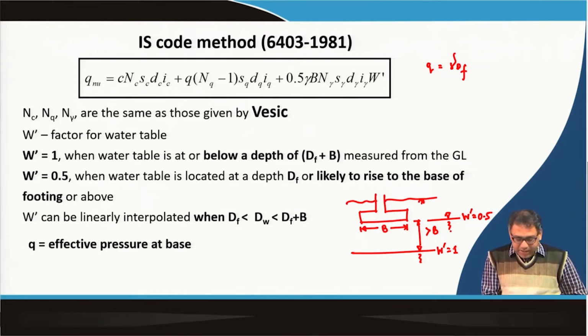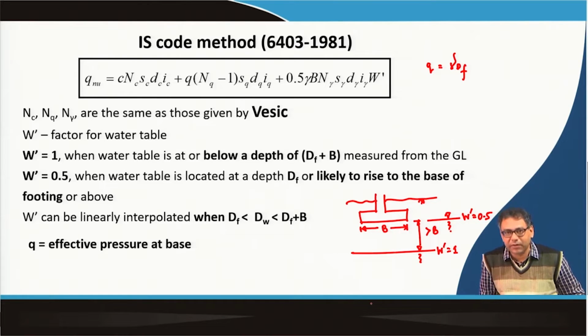Okay? And we can linearly interpolate the value of W dash in between the base and at a distance of B below the base of the foundation.